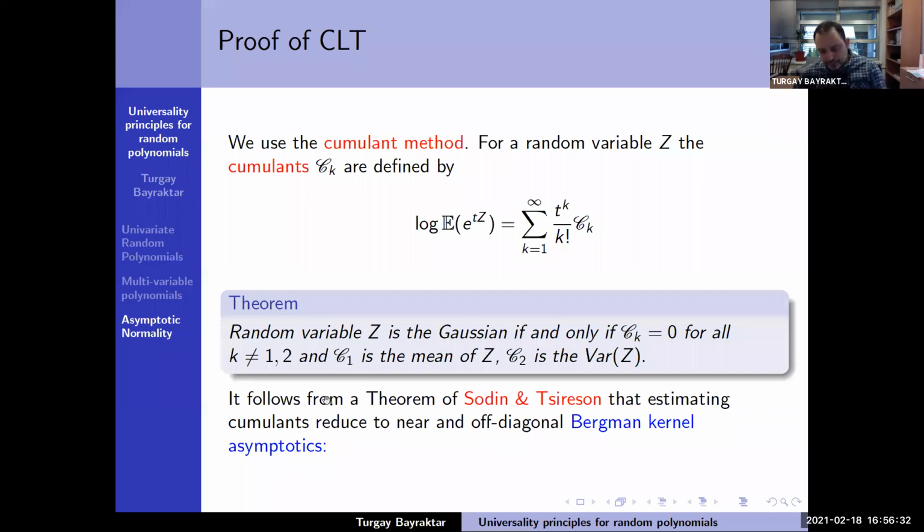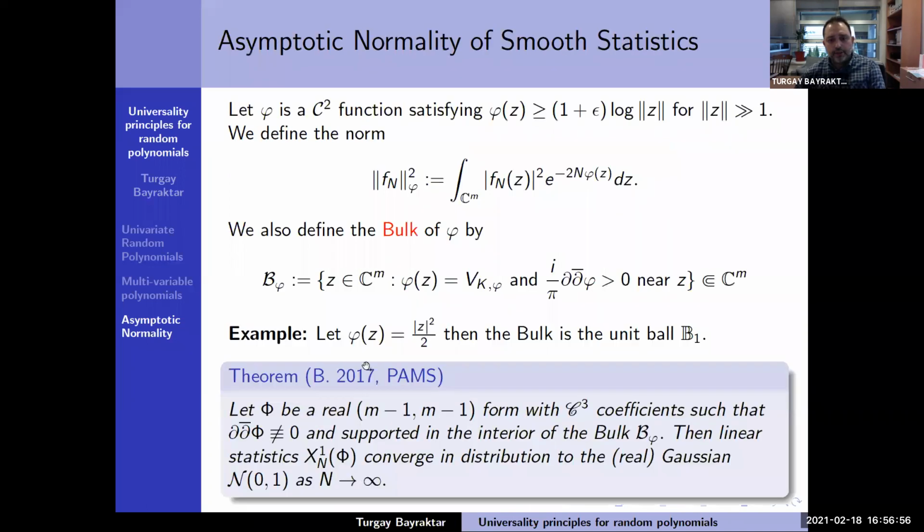Now the argument of Sodin and Tsirelson gives you a way of estimating the cumulants in terms of the near and off-diagonal asymptotics of the Bergman kernel. This was a probabilistic argument, and here it was translated into a complex geometric argument.